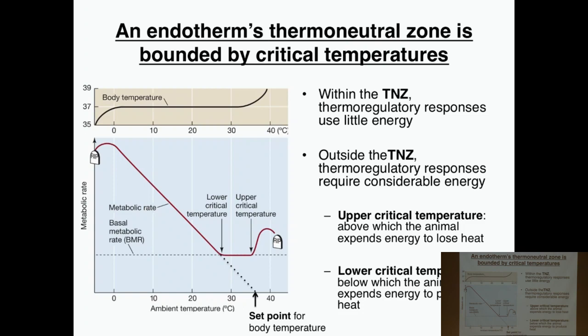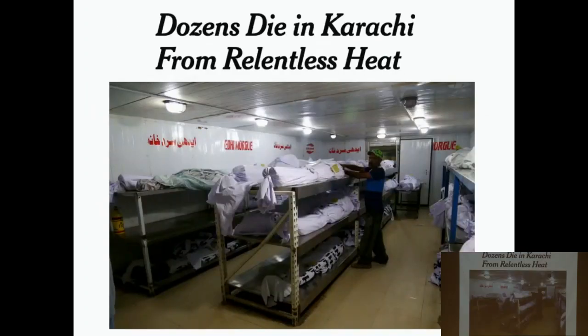Don't take it too literally. It's not that if your body temperature is like 37 degrees, above 40 degrees you're doomed. Animals have a number of thermoregulatory responses that they can use to dissipate heat, even to survive above those temperatures. But that doesn't mean that we can actually go too extreme.